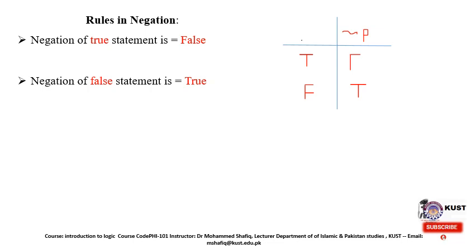Similarly, if we take P as false, or if we say this statement that Ali is intelligent to be false, then Ali is not intelligent, or not P, would obviously be true. So that's the rule of negation. If one is true, the other, negative or adverse statement would be logically false.